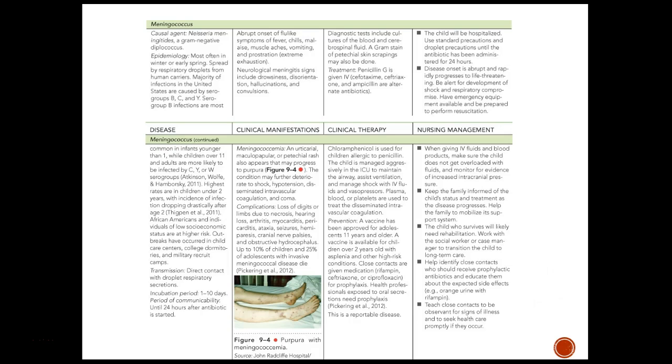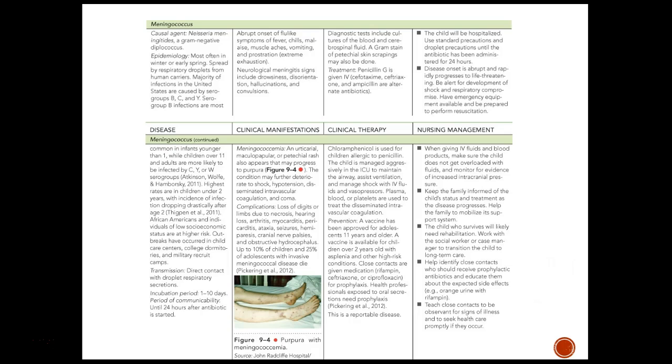They might end up with some type of necrosis and have to have loss of digits. They may have hearing loss, arthritis, myocarditis, possibly seizures, or different types of cranial nerve palsies can occur in individuals, especially with this neurological meningitis.